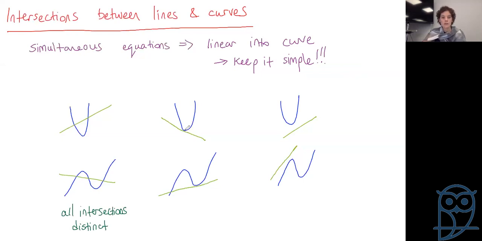Here, we have a shared intersection. Here, we have a shared intersection and a distinct. So, all or some intersections shared. And this last situation, we have no intersections.